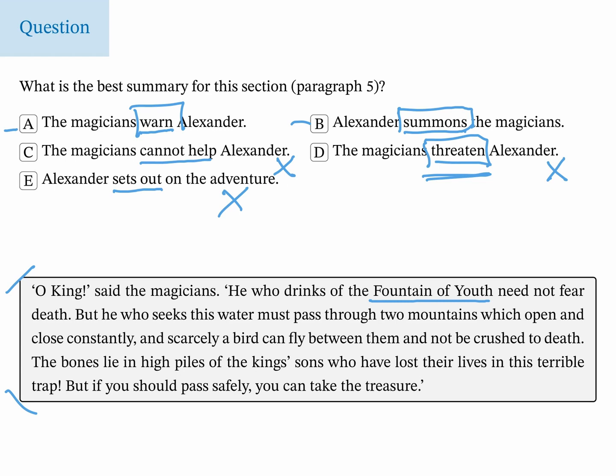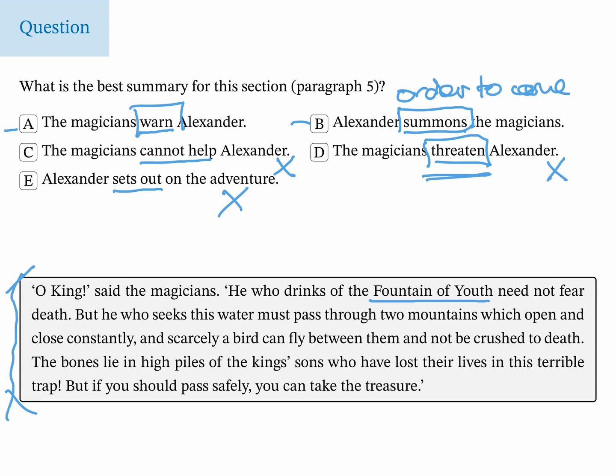Summons is you order somebody to come. So, for example, the headmaster might summon you to his room. Alexander has summoned the magicians, and then he's asked them a question about how he can live forever. And in this section, the magicians are answering his question.